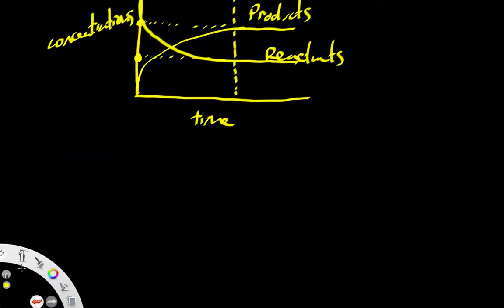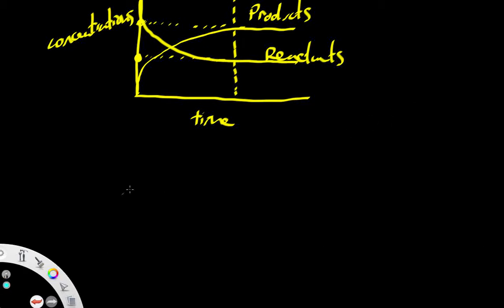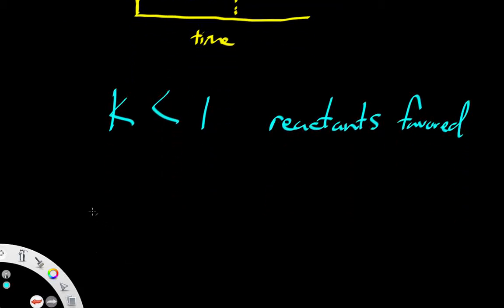Now let's change it up a little bit and show what happens when we have a K value that is less than 1. So if I have a K and now we're less than 1, now our reactants are going to be favored. And if our reactants are favored, when we draw our equilibrium expression, once again it's products over reactants.